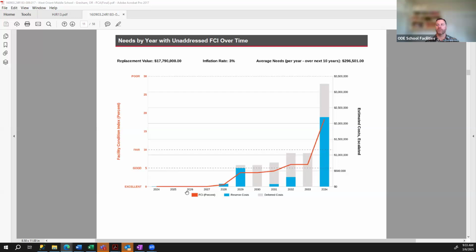The orange line forecasts what would happen to the FCI over time, assuming you put in 0 capital expenditures, and the dollar amount allocated for each year is associated with the values along the y-axis. So you have your costs on the right side, and then the FCI on the left side.